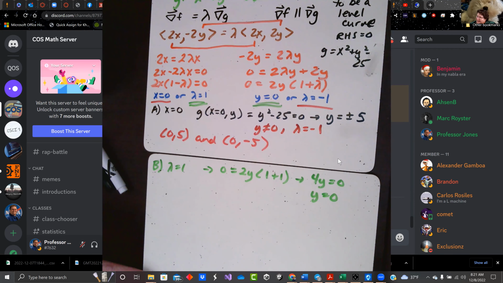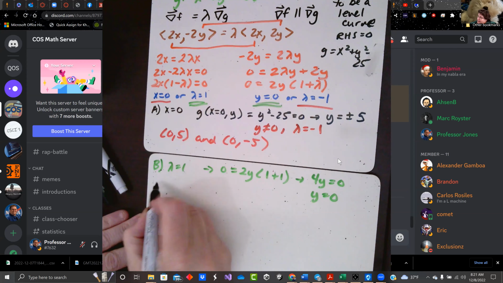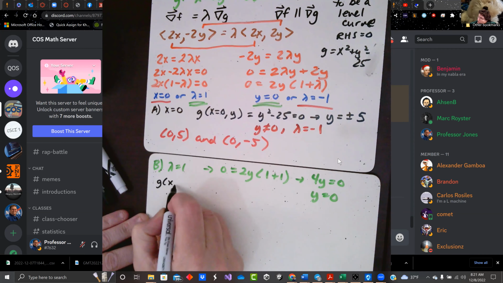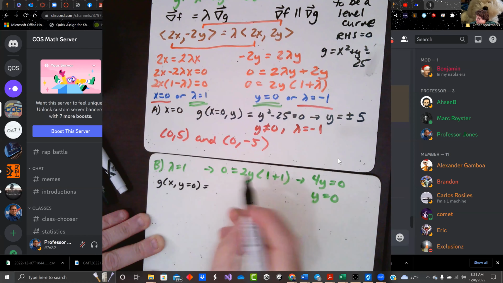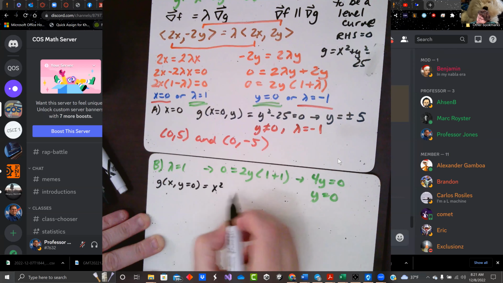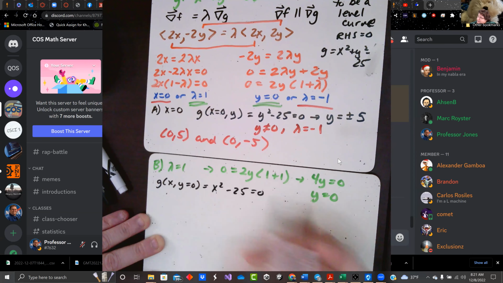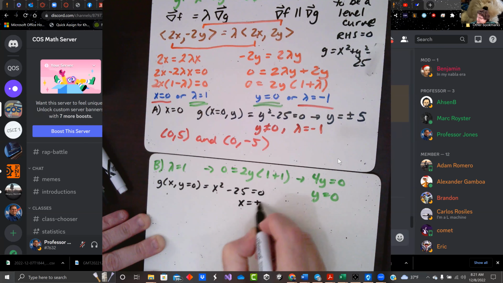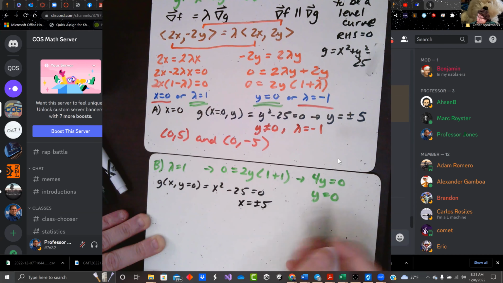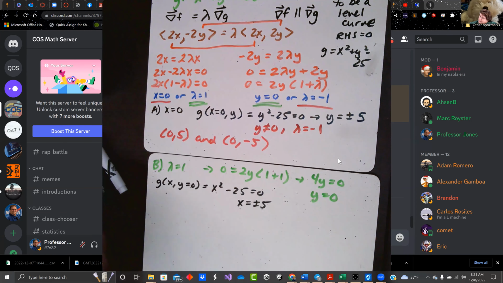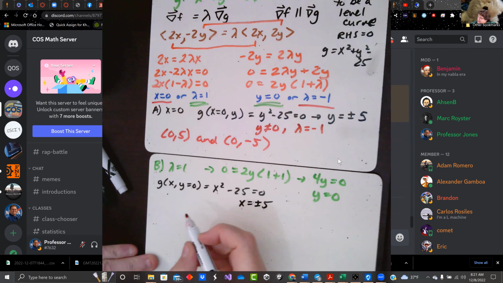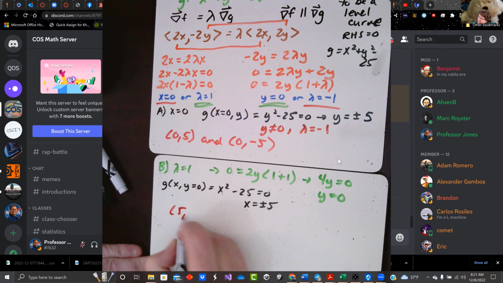And now I need to find out what x is, so I go back to my constraint, g of x, y equals 0. So here I've got x squared plus 0 squared minus 25 equals 0, and we're going to get x equals plus or minus 5. So for the lambda equals 1 case, our 2 points are 5, 0, and negative 5, 0.